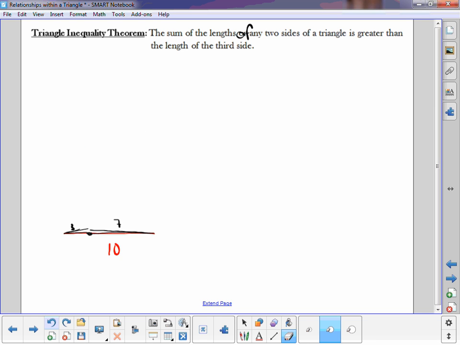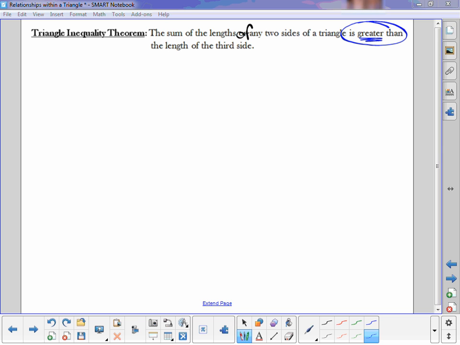Alright, so what this is saying, it says the sum of the lengths of any 2 sides is greater than, and that's the key piece there, greater than the length of the third side. So let's investigate the 3 scenarios here. Let's look at it in general with the small, medium, and large side.